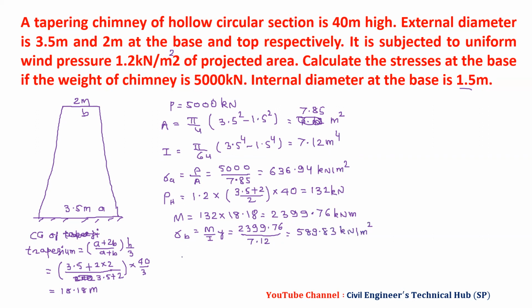And we have sigma max, sigma A plus sigma B: sigma A 636.94, sigma B 589.83, and we have this value, 1226.77 kilonewton per meter square.